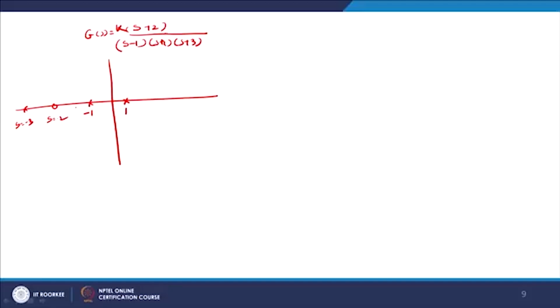So this is the open loop plant, but afterward what happened? We have designed a controller. For the controller, you have a plant like this, G(s) equals to K (s plus 2) divided by s (s plus 1)(s plus 3), that is G(s) into C(s).